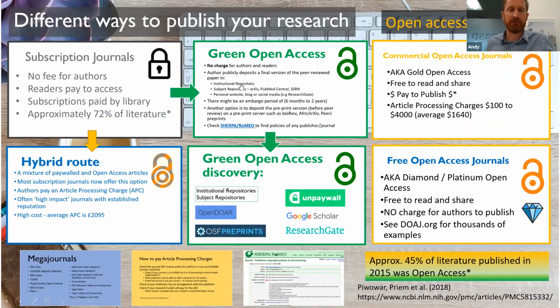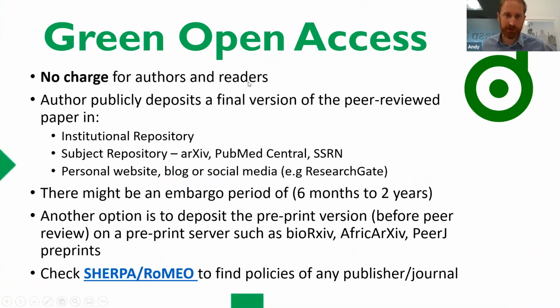Another way around this problem of subscription content is something called green open access. And this basically means that the author publishes in a journal which is not open access, which is subscription only or paywalled, but they deposit a final version of their peer-reviewed paper in an institutional repository or a subject repository or a personal website.